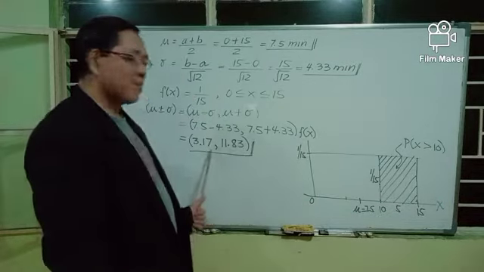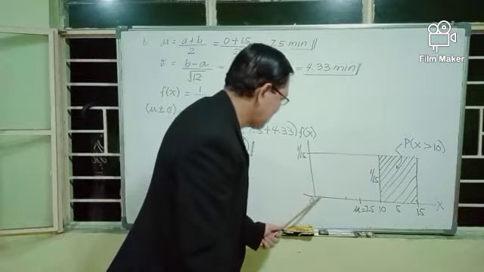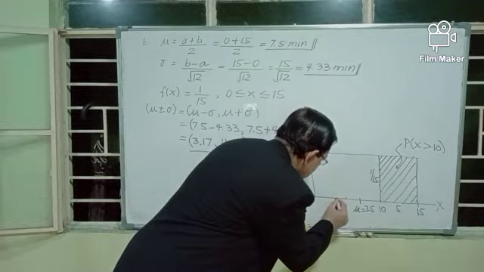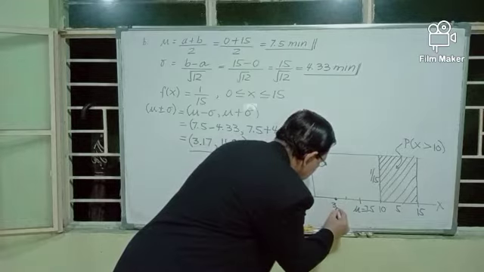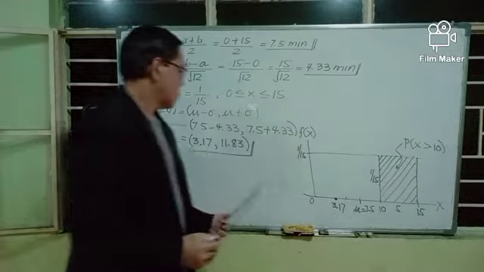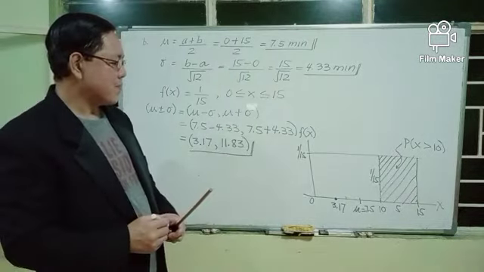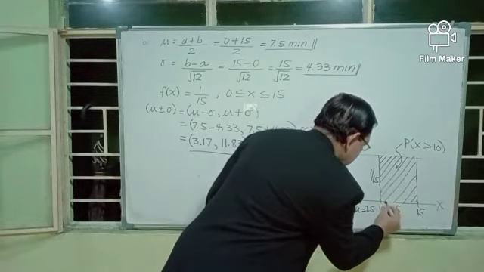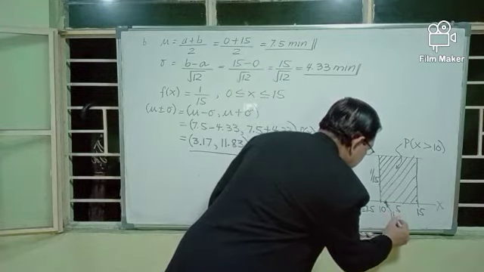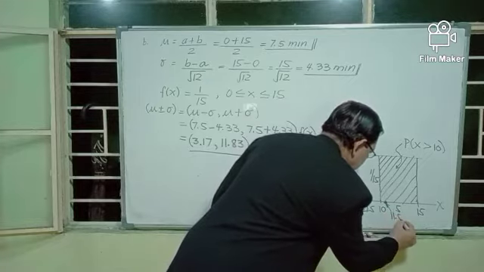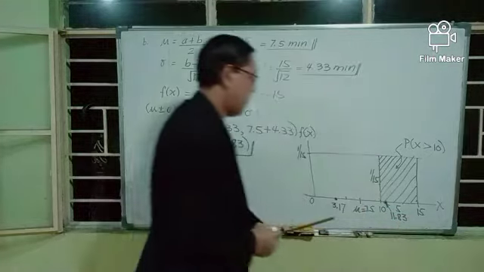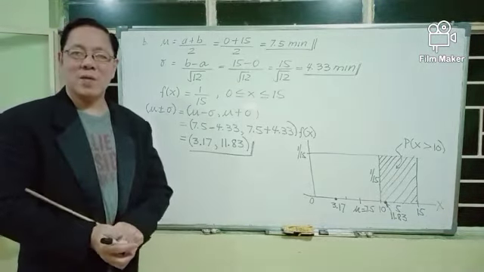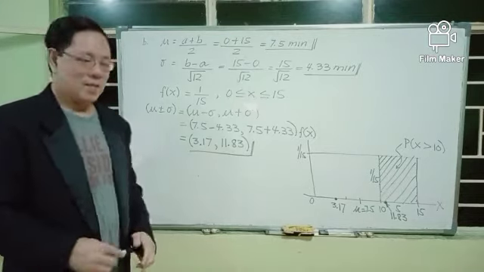We approximate 3.17. We plot 11.83. Now we also calculate the endpoints of the interval mu plus or minus 2 sigma.